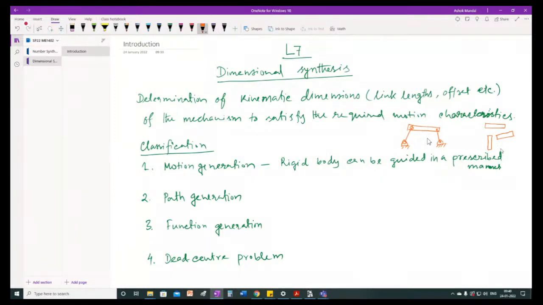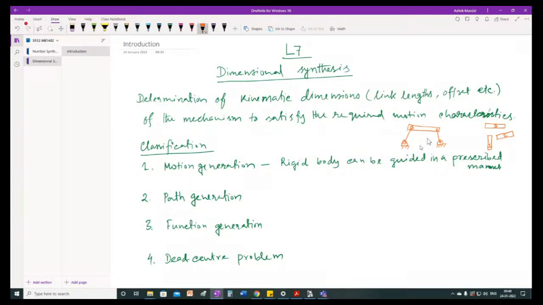So this is position 1, this is position 2, and this is position 3. These three positions are required. This is the requirement of the mechanism, and it is decided that this configuration will be given by this four-link mechanism.